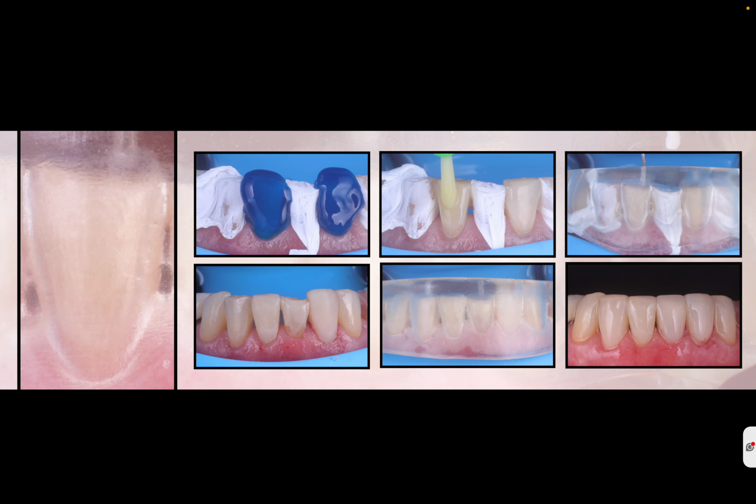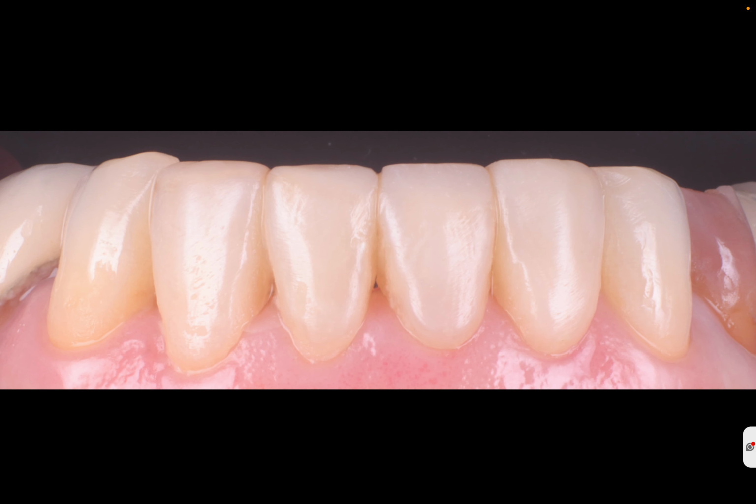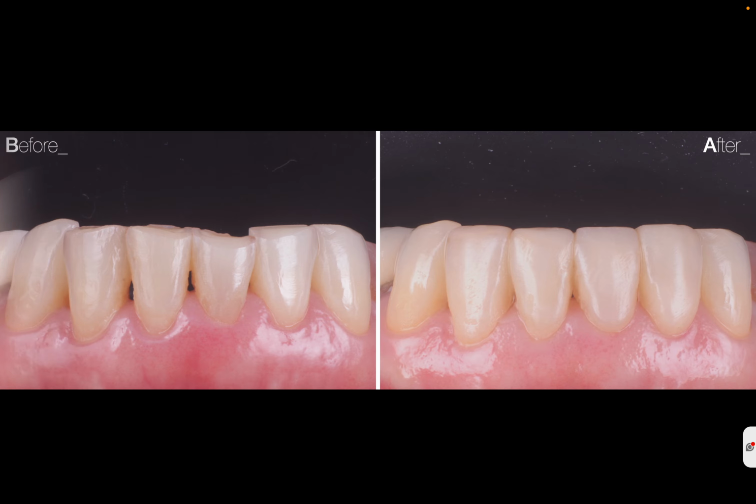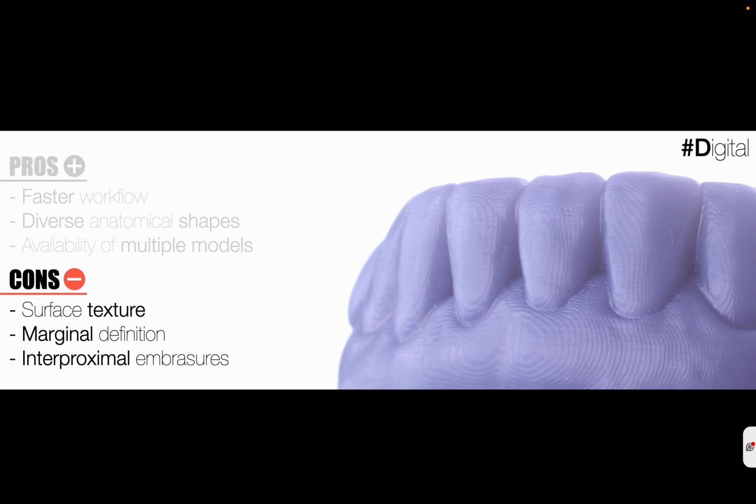I did the flowable injection technique in one of them, then I micro-polish, check the contact points, and then I finish the other ones. That's the reason why in that kind of cases it's super easy and faster for me to work in a digital environment. You can see in a single appointment we can restore the incisal edges of all of them.